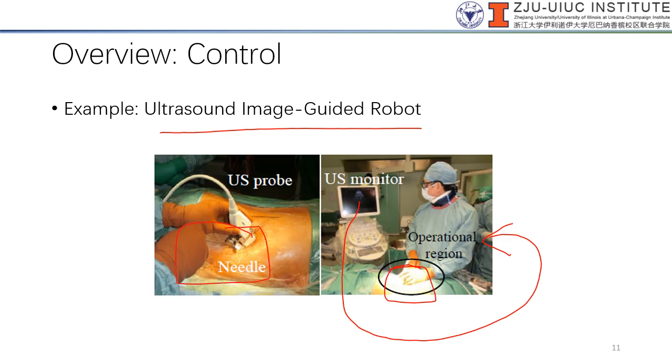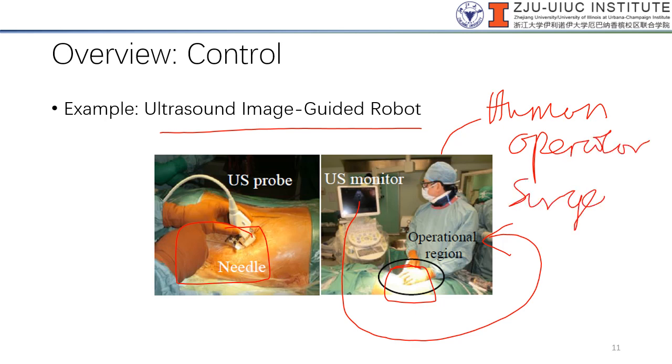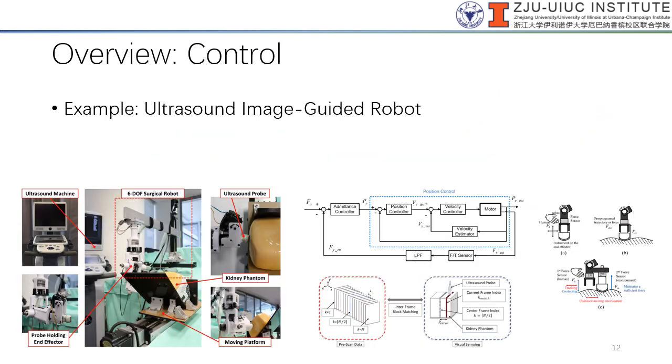This is done, of course, by a human operator, which is a surgeon in this case. The surgeon is doing this operation, but we can also have a robot execute this operation. But most of the time it is to assist the surgeon, helping the surgeon to do certain steps.